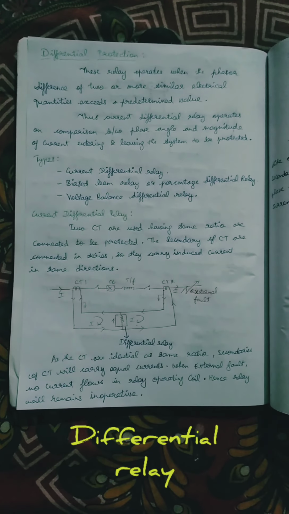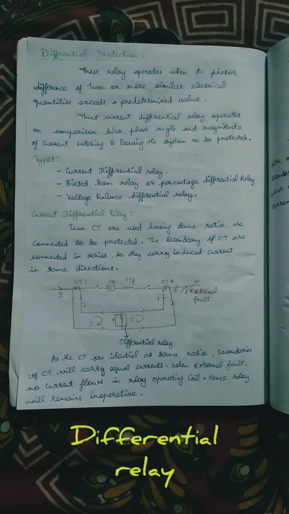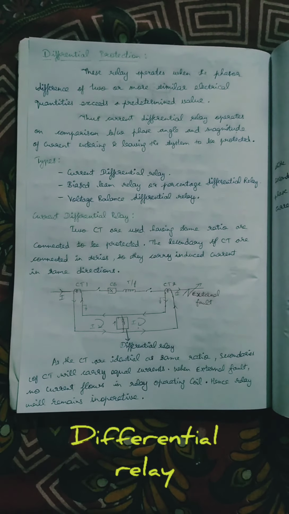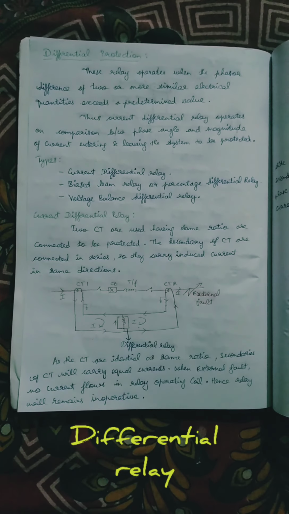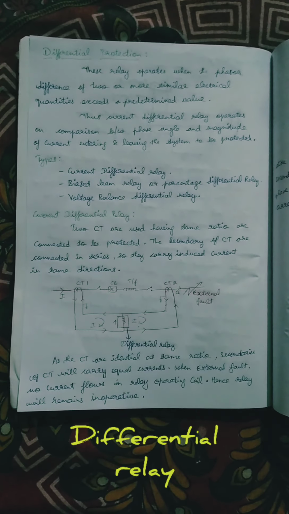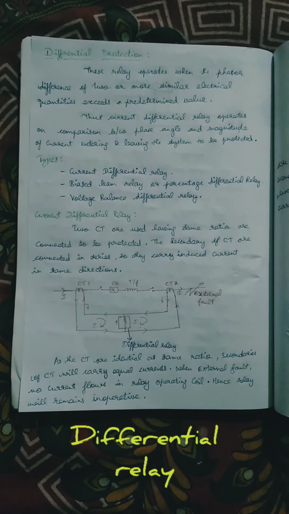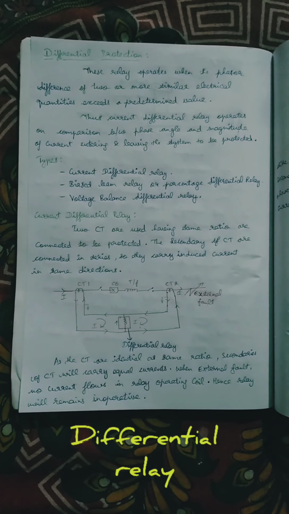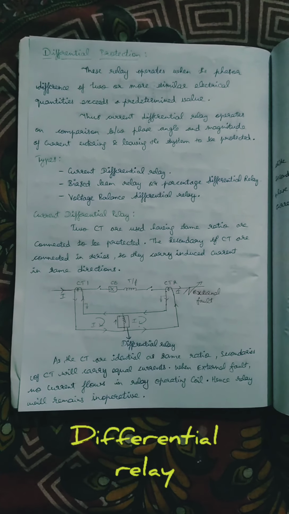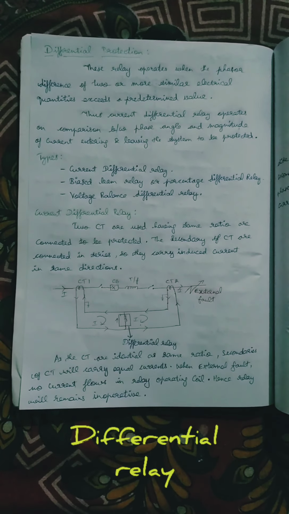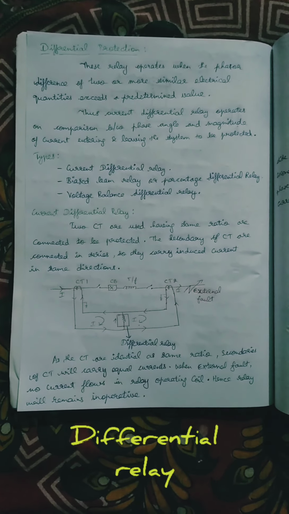In this video we are going to see about the differential protection. Normally the differential protection operates when the phasor difference between two electrical quantities exceeds a predefined value. From the name itself you can easily come to know that it is the difference between two quantities, which may be a current or voltage or power.